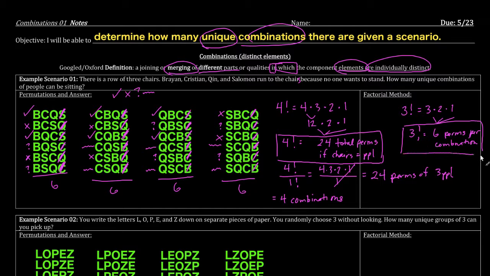So we take the total number, which is 24, because there's 24 total sets of 3, and then we just divide by the 6, because there's 6 versions of the same thing for each one. So we do 24 divided by 6, and we get 4 unique combinations.